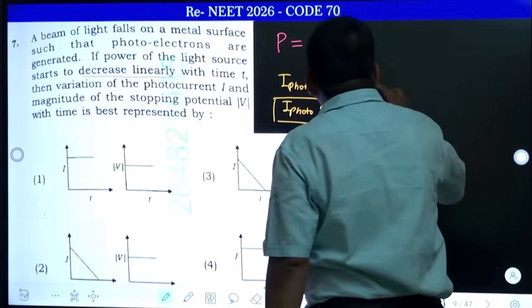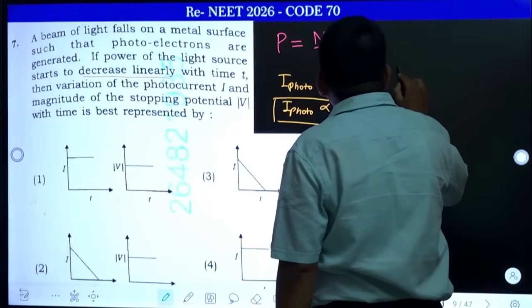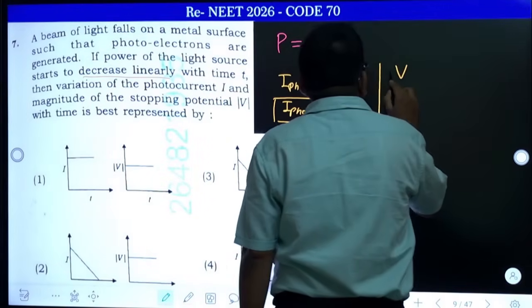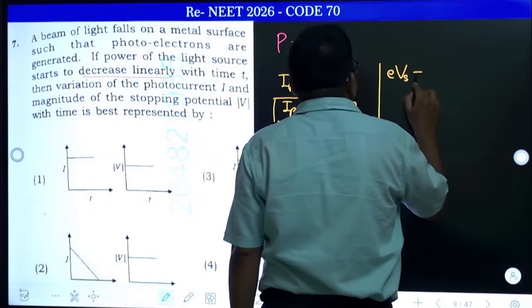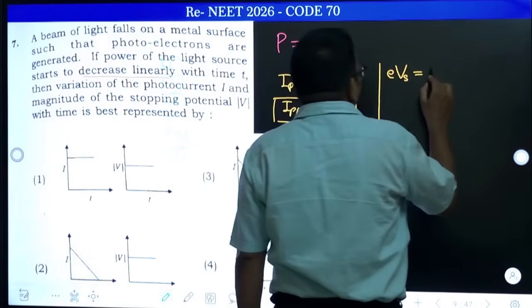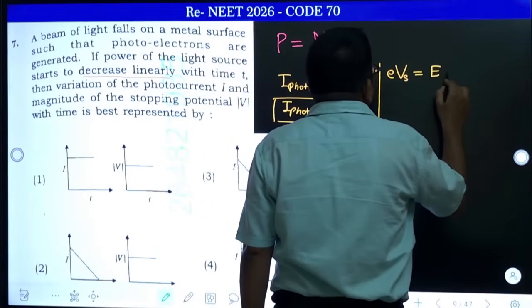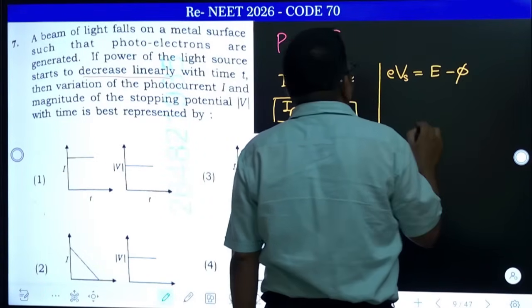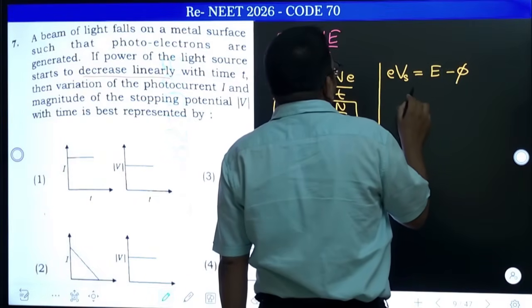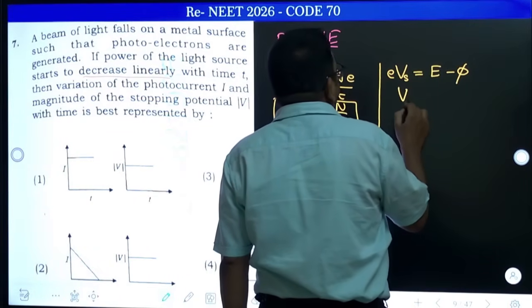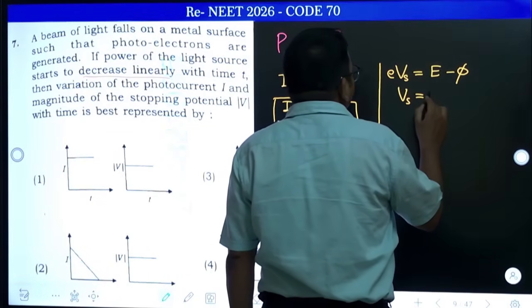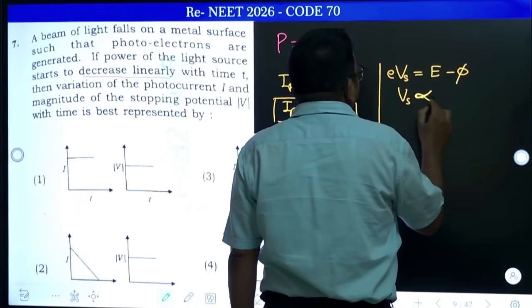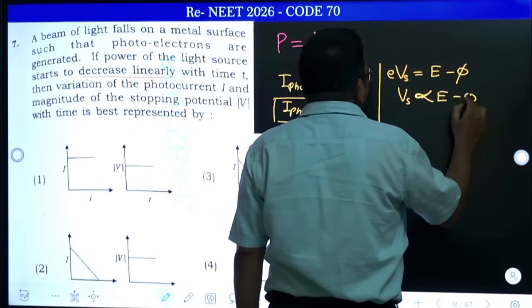And what about stopping voltage? If I take stopping voltage, we know e times stopping voltage is equal to energy minus work function, right? So this stopping voltage is proportional to energy minus work function.